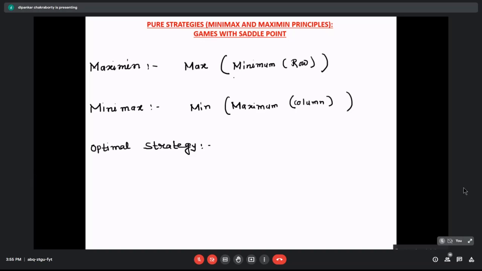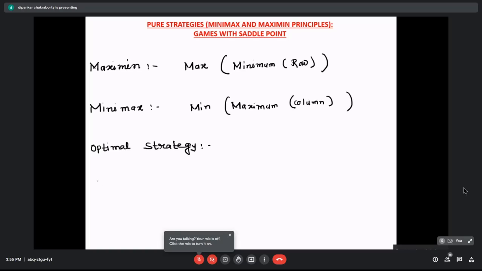That I mentioned already. Without knowing the strategy of player B, A tries to get his maximum profit, and that much you can assure by using this rule. Similarly, if B tries to minimize his loss, B can apply this rule. Getting my point? And that strategy is basically called the optimal strategy.